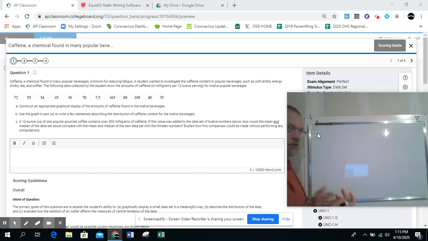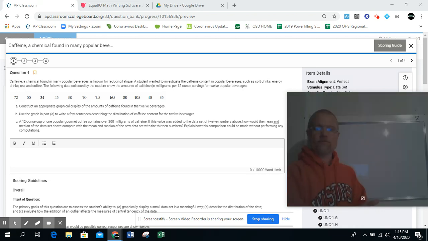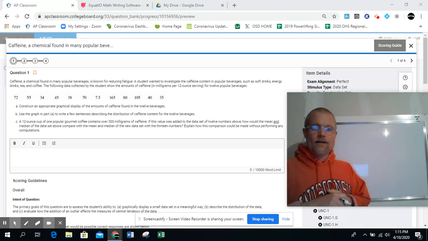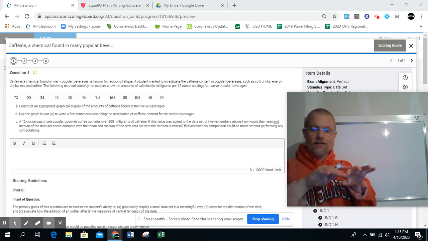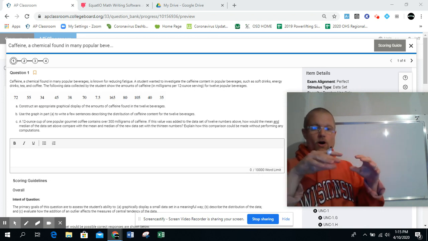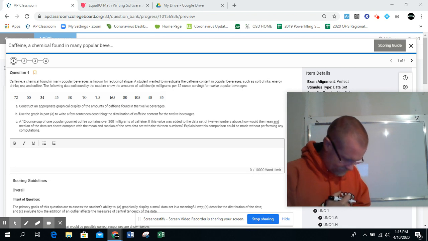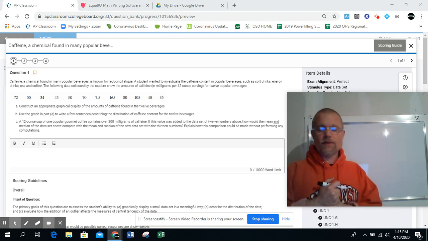So I guess the mean is where we're going to first talk about. We know the mean is affected by outliers because it's the fair share. We have 300 milligrams of caffeine that we have to fairly distribute among all 13 scores now. So all the scores are going to come way up. Okay, they're going to get quite a bit extra caffeine.